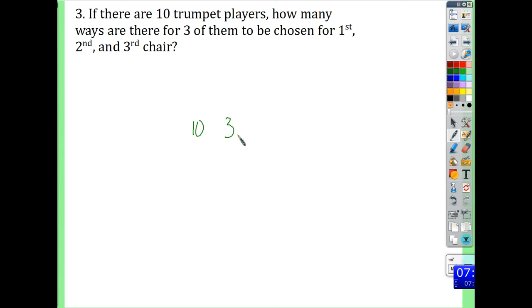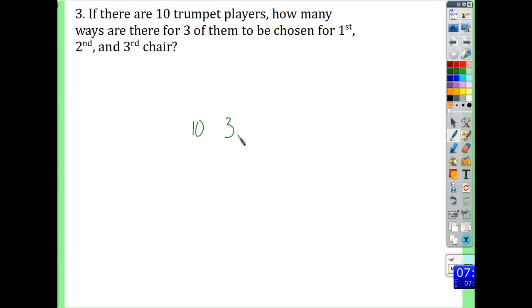Because as Misty pointed out last class, I think it was, there are positions to fill. If there are positions to fill, then the order is important. If you have president, vice president, secretary, first chair, second chair, third chair, first place, second place, third place, if those positions have some kind of a name or importance or designation that makes them different from each other, then yeah, order is important.